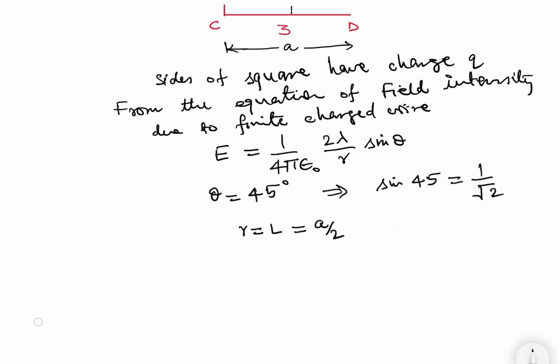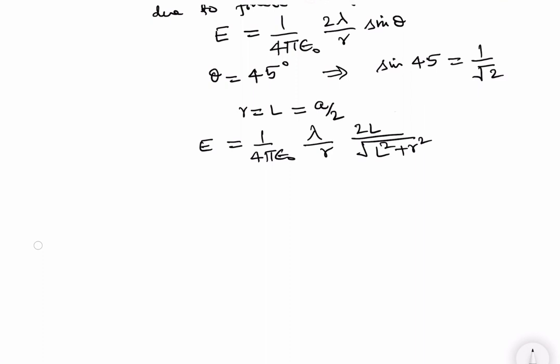Therefore E is equal to 1 by 4 pi epsilon naught, lambda by r, 2L by square root of L square plus r square, is equal to 1 by 4 pi epsilon naught, 2 lambda, a by 2, into 1 by square root 2.